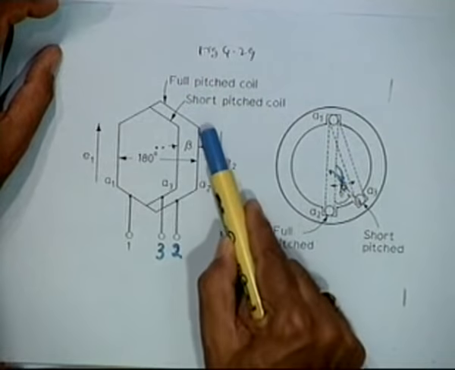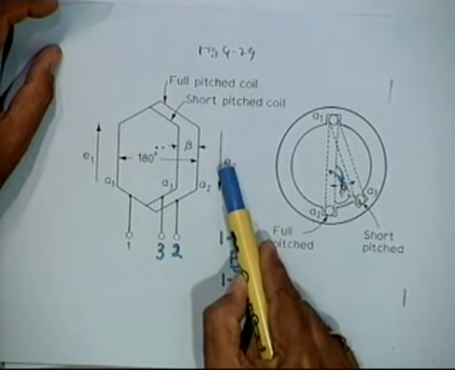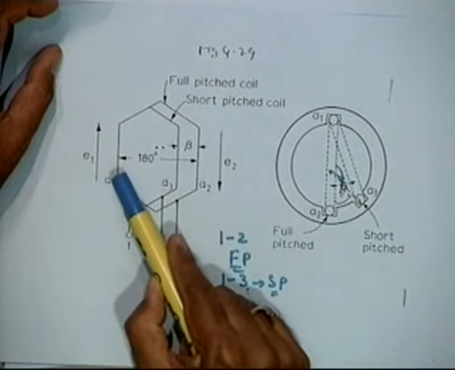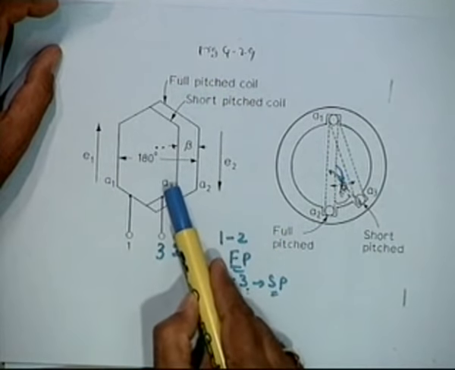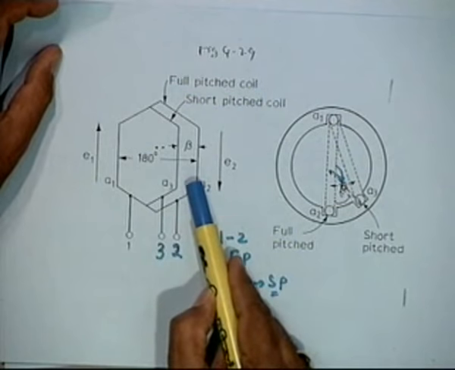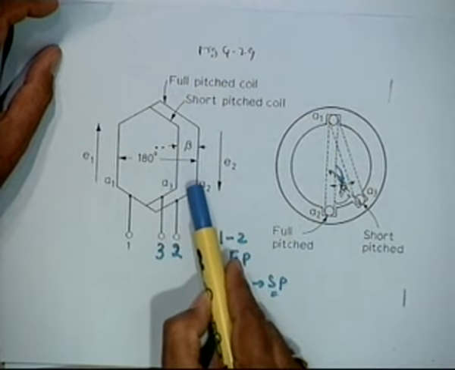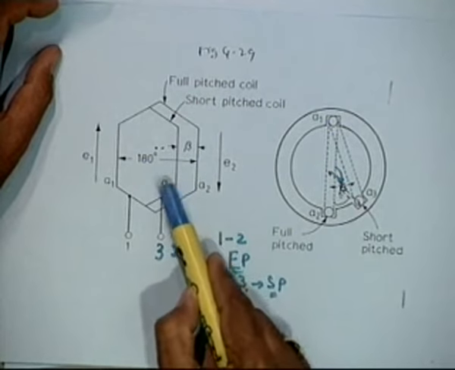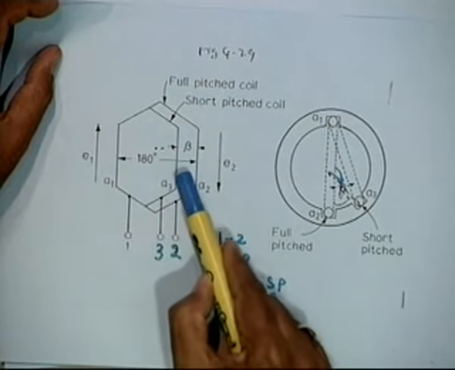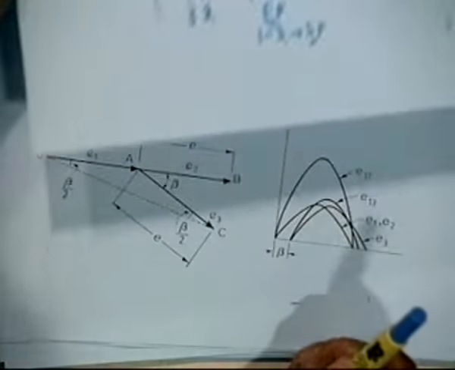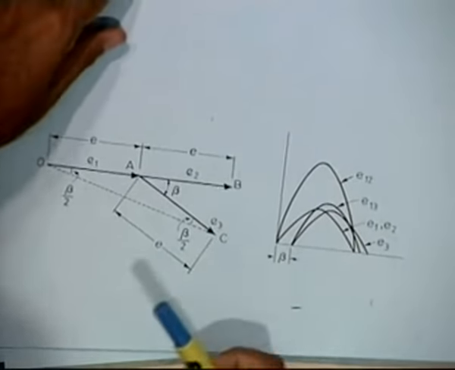If you put E2 like this, it may be out of phase by 180 degrees, because one is under the north pole and the other under the south pole. But if you have this one, it will be out of phase by an angle beta, because this coil side and this coil side will not have the same phase voltage, because they are sine waves. So we can show it typically like this.